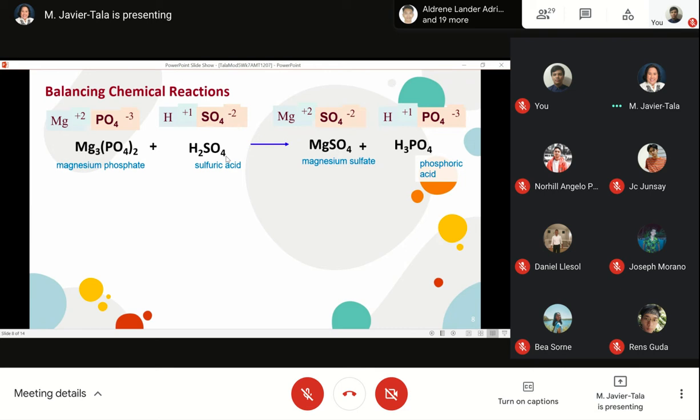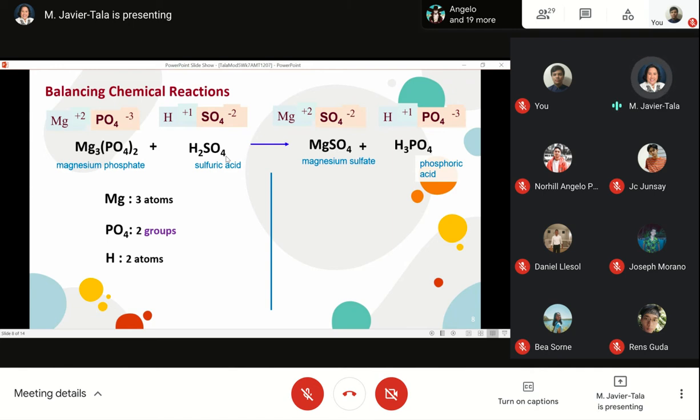So we try balancing them. Your magnesium, from the subscript 3, has 3 atoms. Your phosphate, since it is enclosed in parentheses and 2, means 2 groups. Your hydrogen, with a subscript 2, has 2 atoms. And your sulfate, having no parentheses, is 1 group.